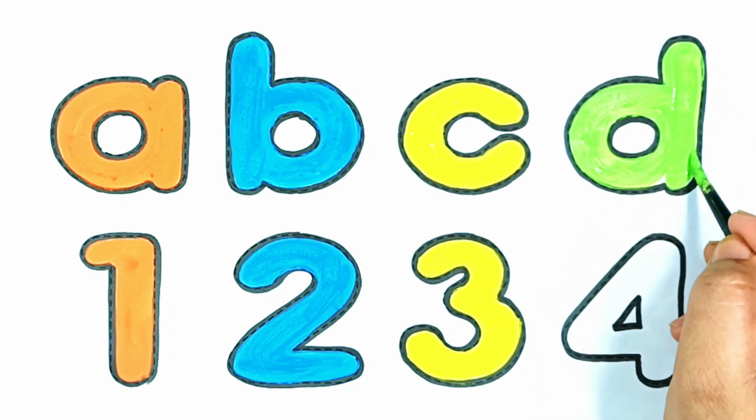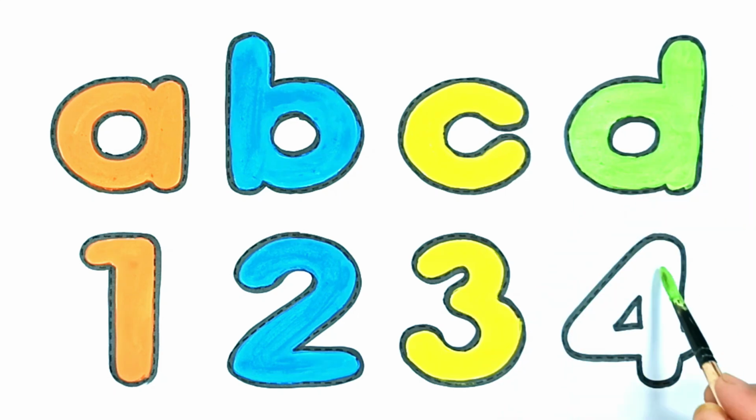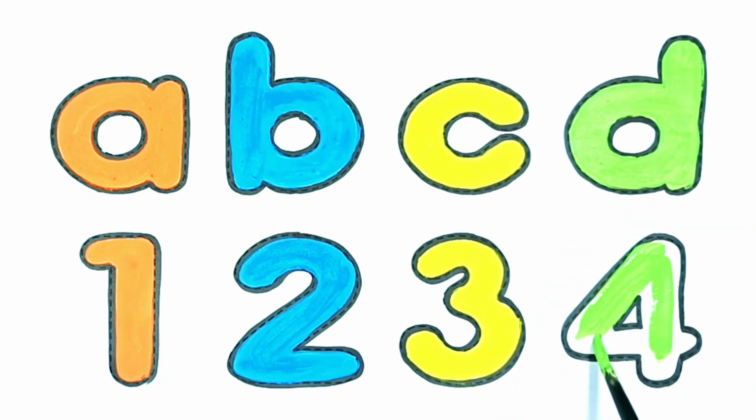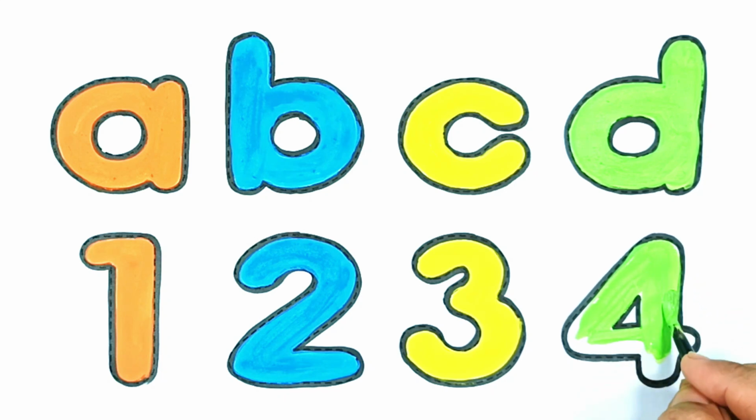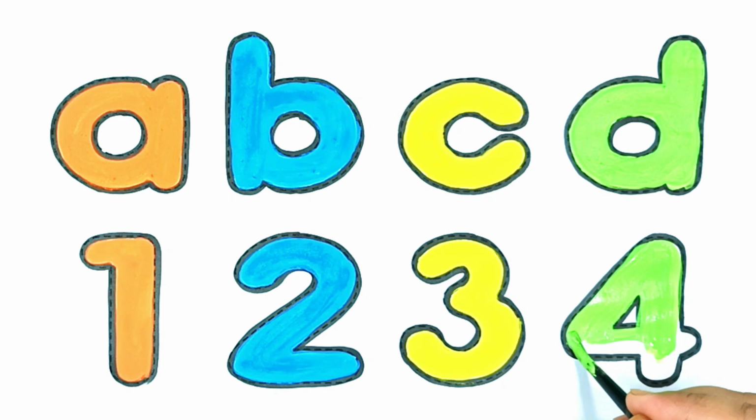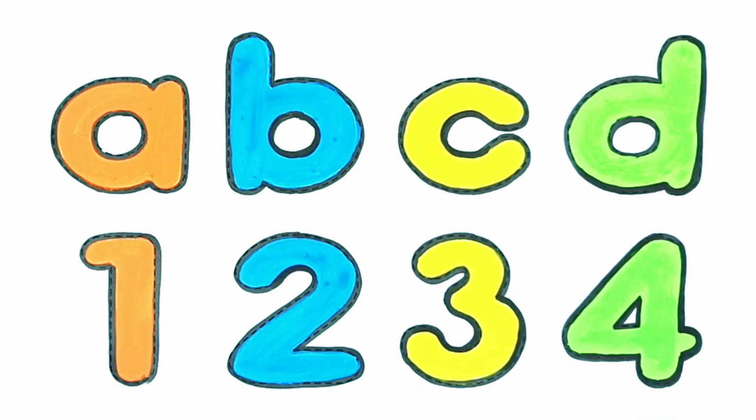D is for diamond. See how it shines. Four cozy blankets wrap. A, B, C, D.